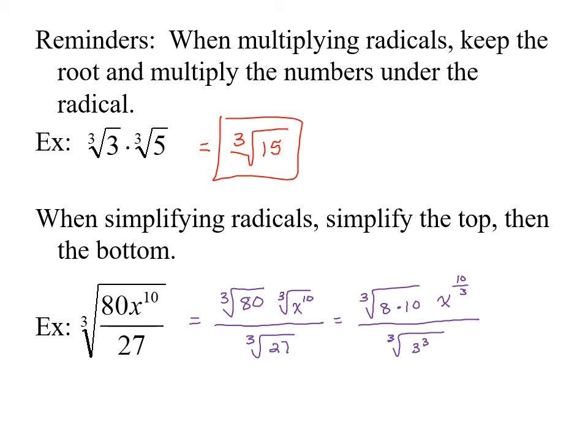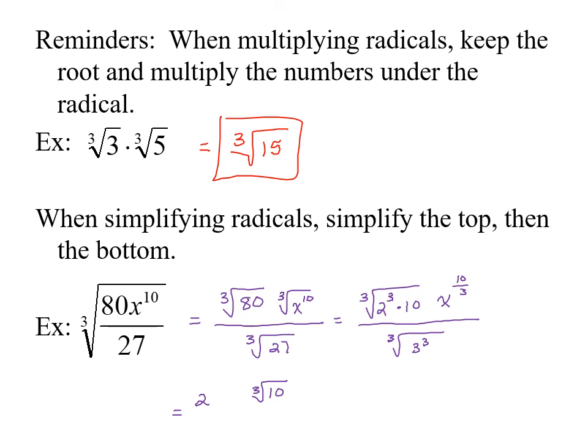So, because I'm running out of room, I'm going to erase the 8 there and put a 2 cubed there. That way I can move the 2 out in front. So this will become 2 on top. And I'll have a cube root of 10 that doesn't simplify anymore.